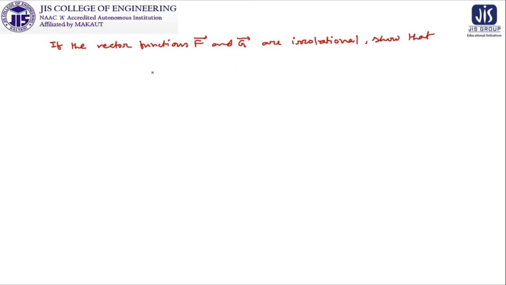Suppose the problem is given as: if the vector functions f and g are irrotational, show that f cross g is solenoidal.